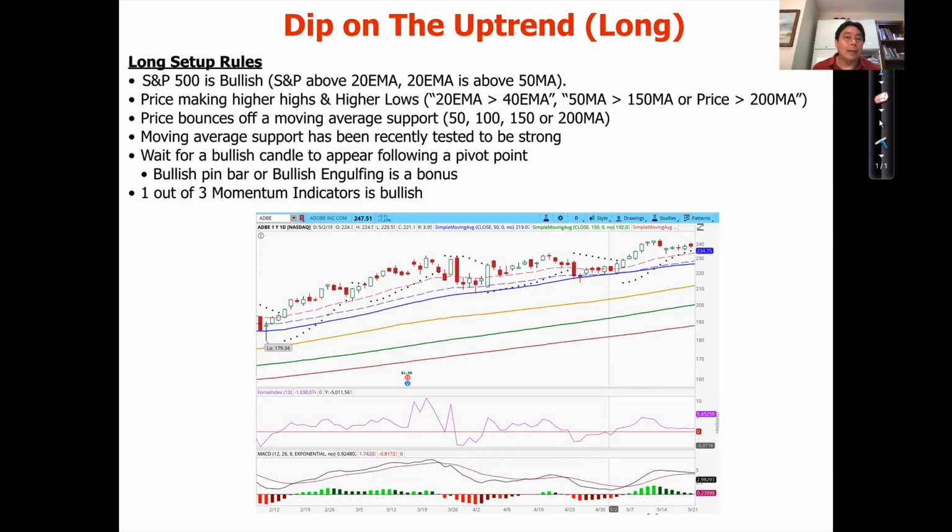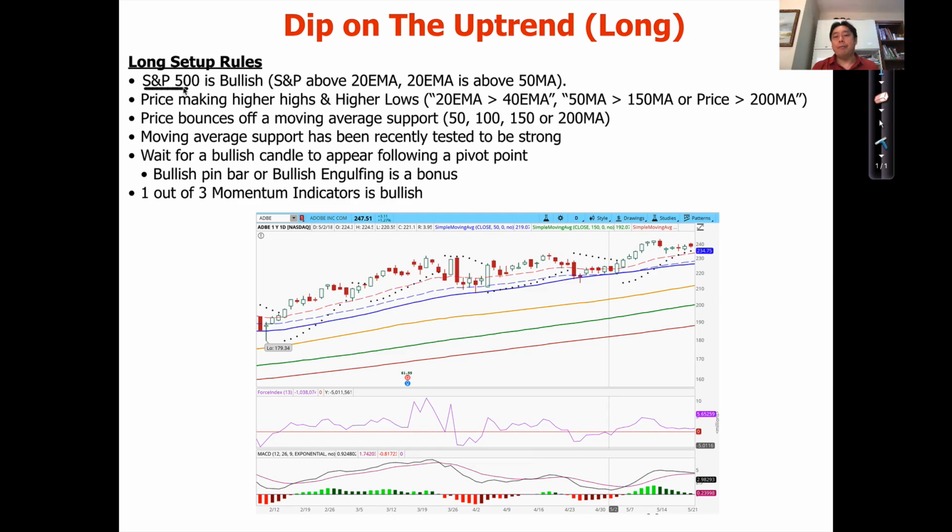So now you're clear on how to set up the charts. Let's take a look at the specific long setup rules for going long, which is basically the dip on the uptrend. So the first thing is to always look at the S&P 500. So a rising tide lifts all boats, recall that. So if you're trading the US market, always look at the leader, and the leader is the S&P 500.